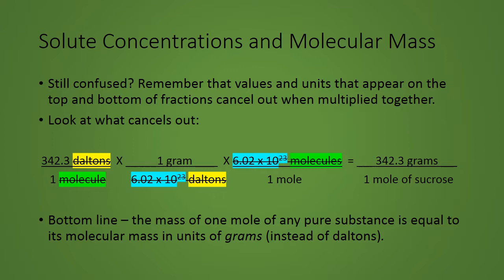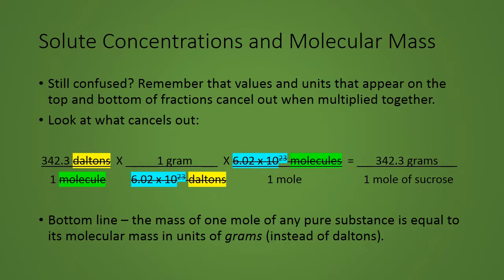And you find that the value of 6.02 times 10 to the 23rd cancels, and the unit of molecules cancels. And in the end, you complete the algebra, and you find out that numerically it's 342.3 grams, and that the unit in the denominator is mole of sucrose.